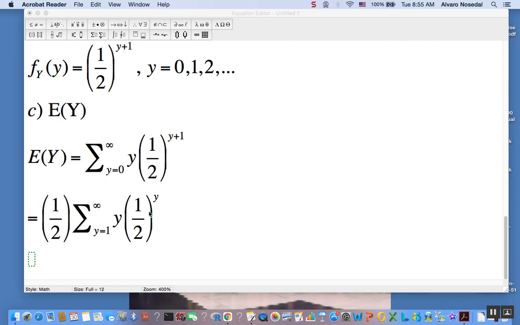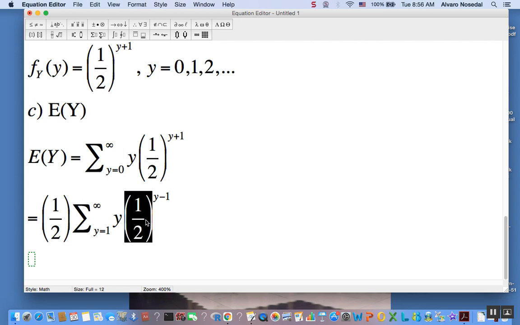But what we need is 1/2 times 1/2 to the y minus 1. Guess what? 1/2 to the power y is the same as this, right?